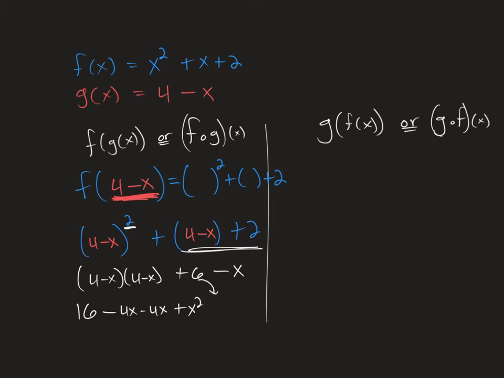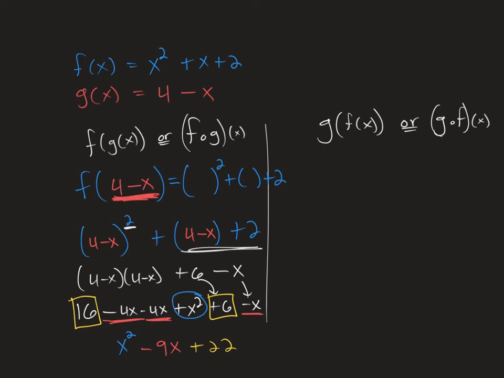And then we still have this 6 and this negative x. So we'll just combine like terms. So negative 4, negative 8, and negative 9. So negative 9x. We've got an x squared here, so x squared, negative 9x, and combine the like terms. So we've got 16 plus 6, so plus 22.